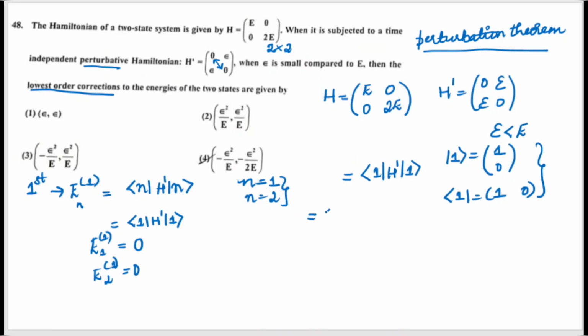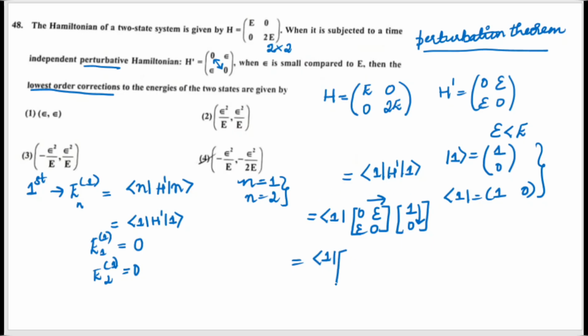Now first we will do h prime, that is 0 epsilon epsilon 0 into ket of 1, that is 1 0, same as matrix multiplication. Bra of 1, I'm going to write as it is. First it acts on the right side, then the result acts on the left side.